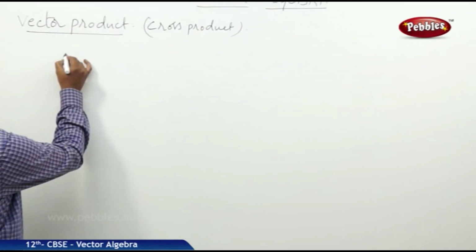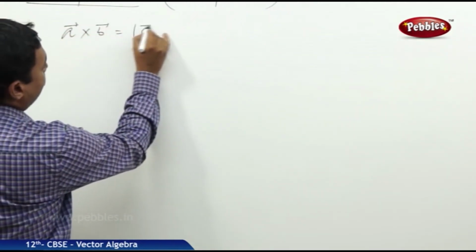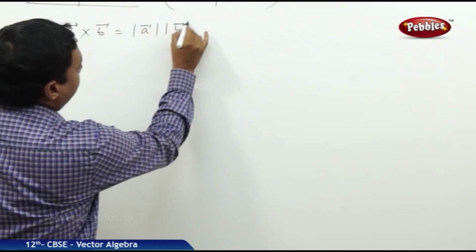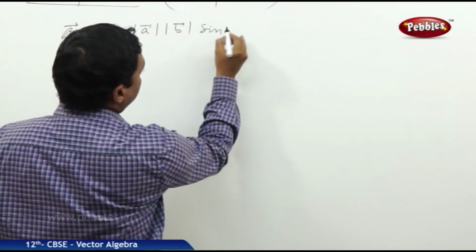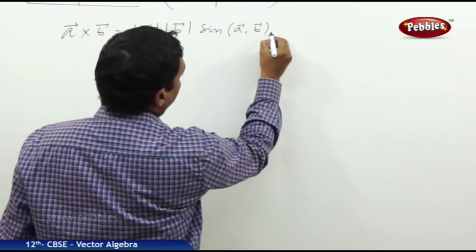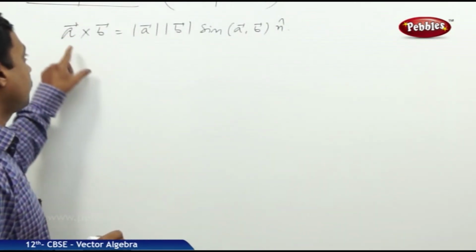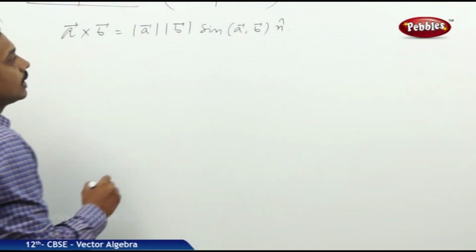We have A bar cross B bar is equal to modulus of A vector, modulus of B vector into sin theta, where theta means the angle between A comma B, into n cap, where n cap is the unit vector perpendicular to the plane containing A and B.